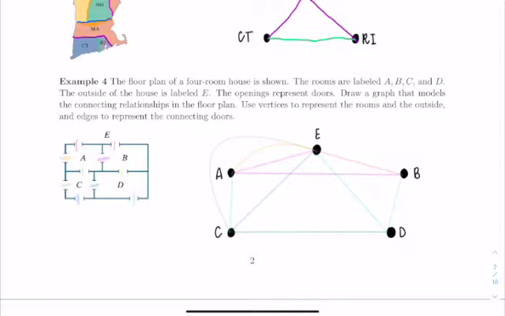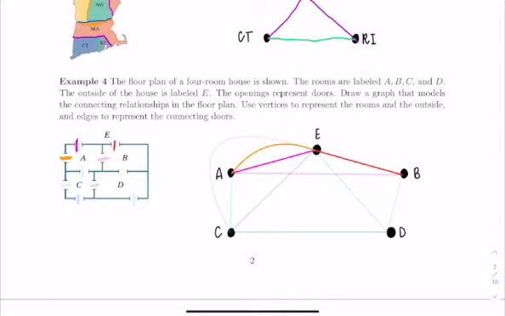We have a doorway between A and E. We have a doorway between E and B. We have a doorway between A and E again, so we just need to draw another line.